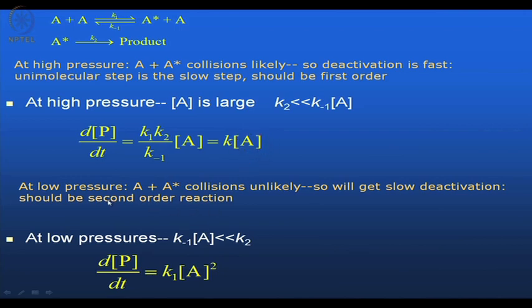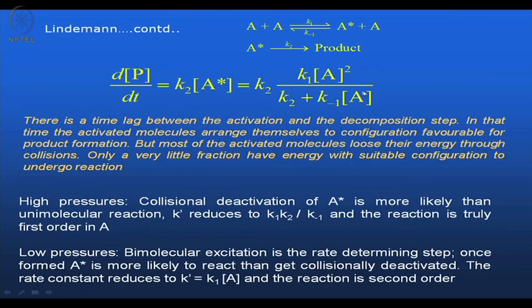Okay. At low pressure, A plus A star collision is unlikely. So, deactivation is slow, and the starred molecule gets more time. That means this expression has less value compared to K2.